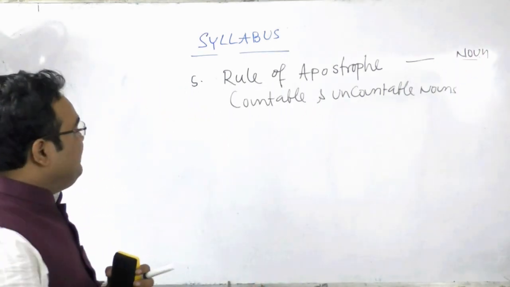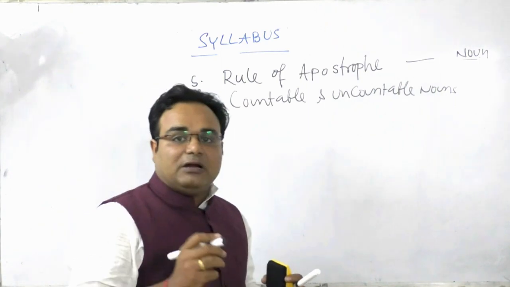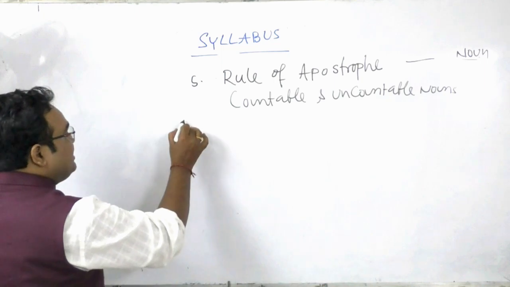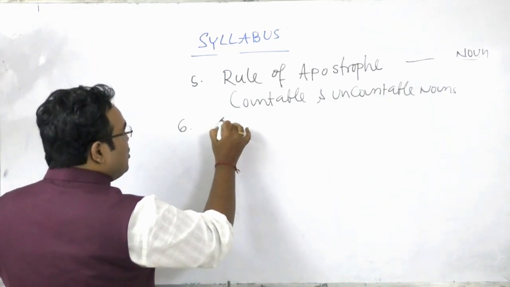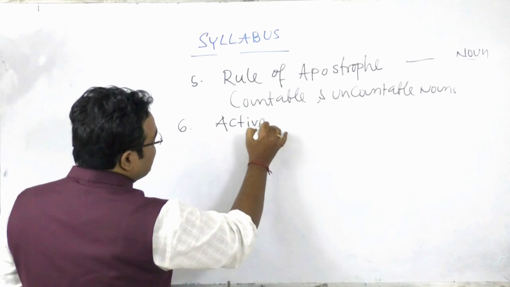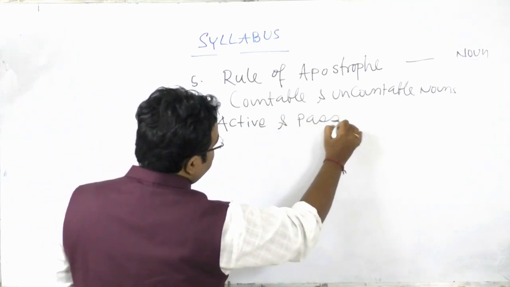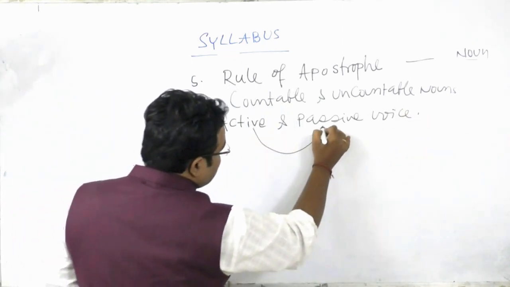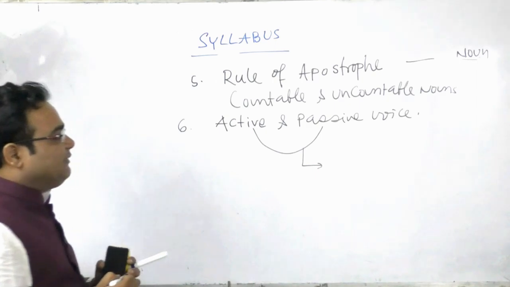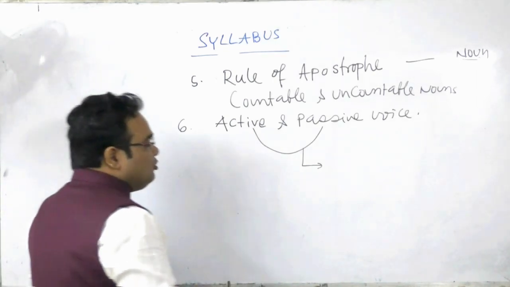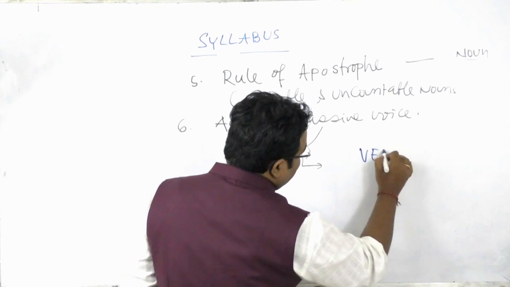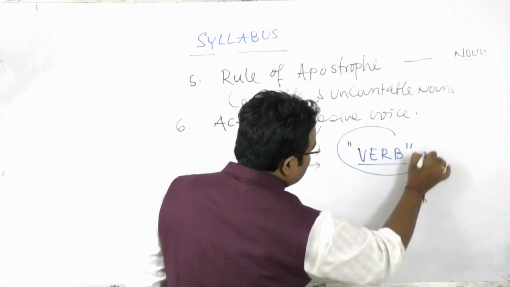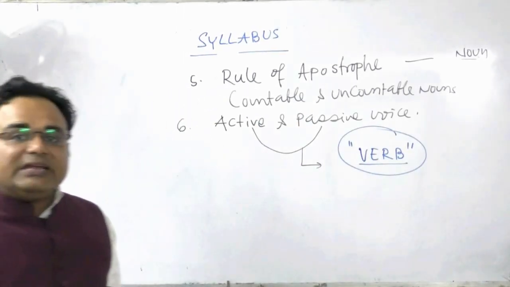Other than these 5 topics, there are a few more topics which are also important, like some miscellaneous topics: the concept of active and passive voice, where the moment I cover active and passive voice, I will give you the total idea about the chapter verb, both finite and non-finite verbs.